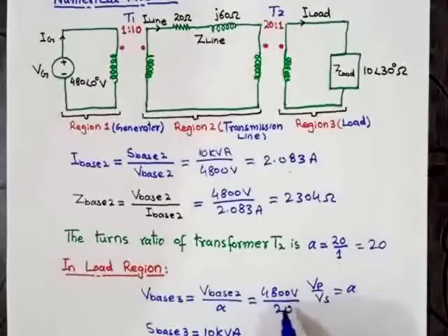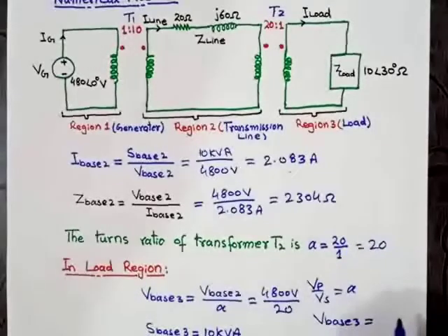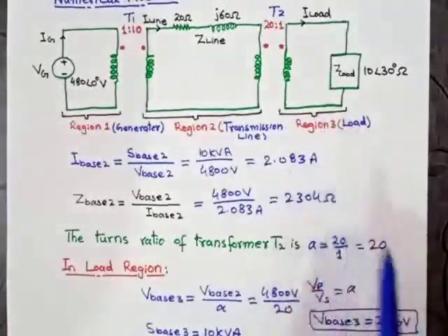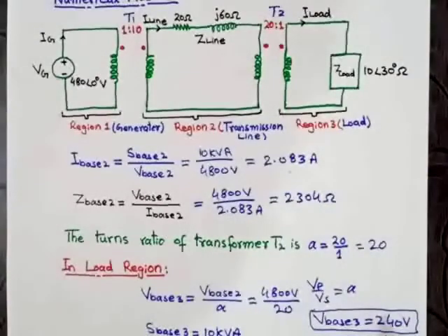After solving this equation, we get the value of V base 3 is equal to 240 volt. So this is the base voltage at region 3. That is, V base 3 is equal to 240 volt.